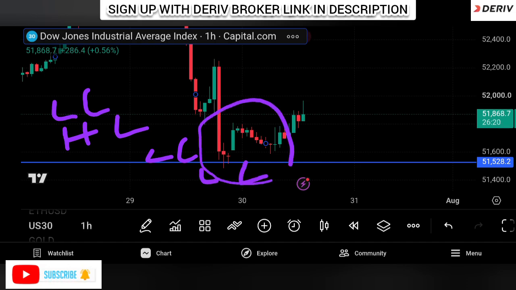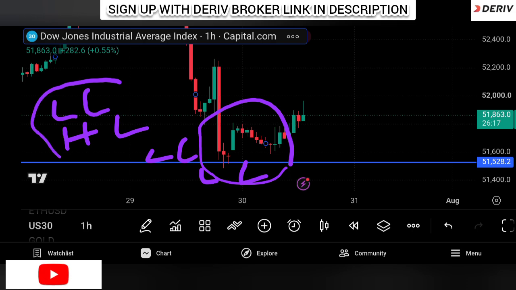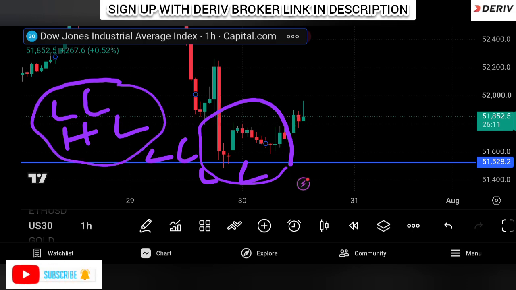Unfortunately here, or fortunately here, we have this kind of double bottom. It consists of a lower low and a higher low.